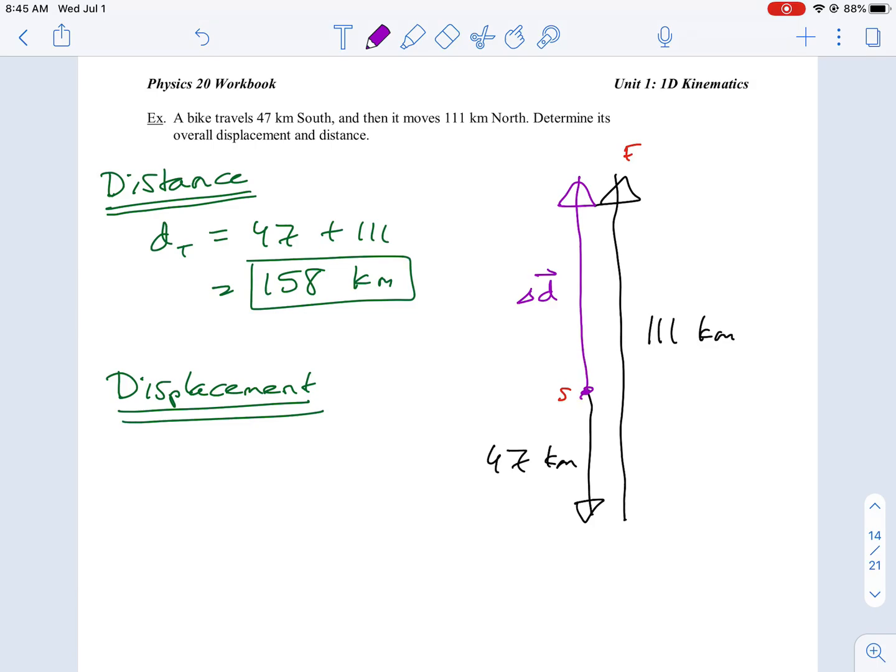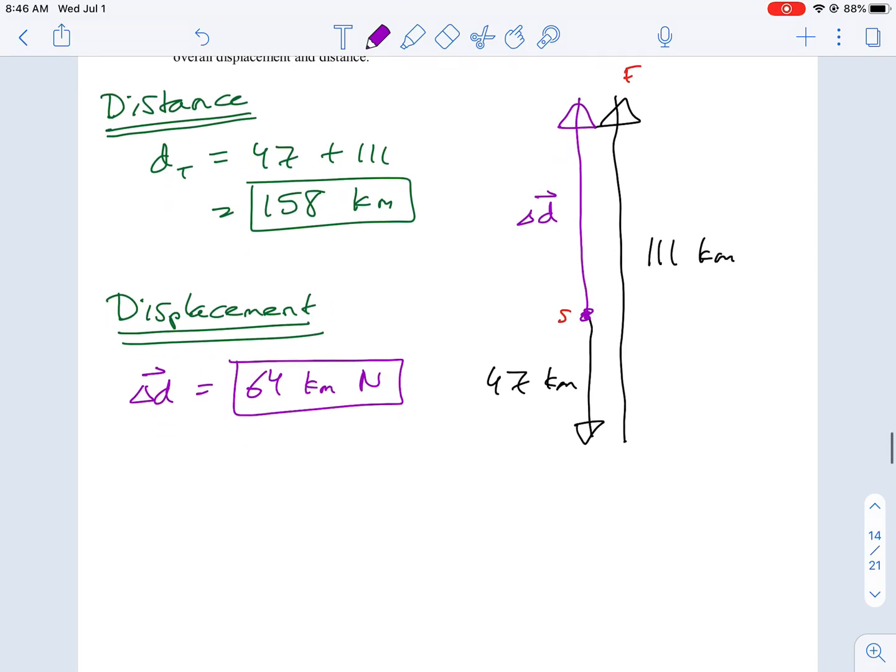And if you're using your logic, you simply have to subtract those two numbers. So 111 minus 47. And that just gives you 64. So you could do it directly with that diagram, that delta D is therefore equal to 64 kilometers north. And done. Just based on the fact that it's a start to finish vector.